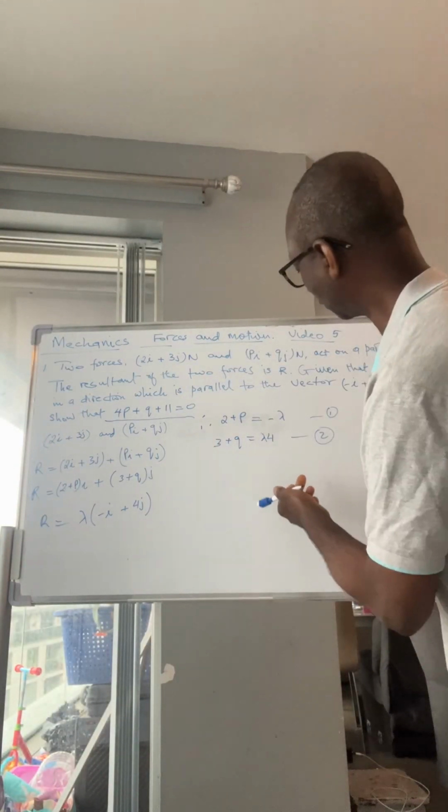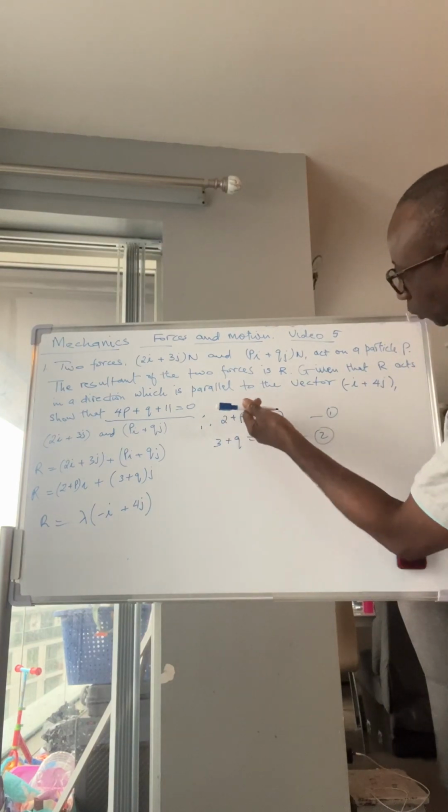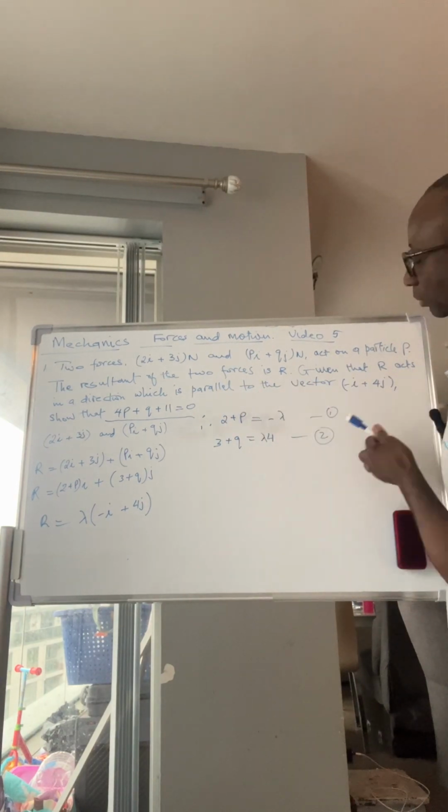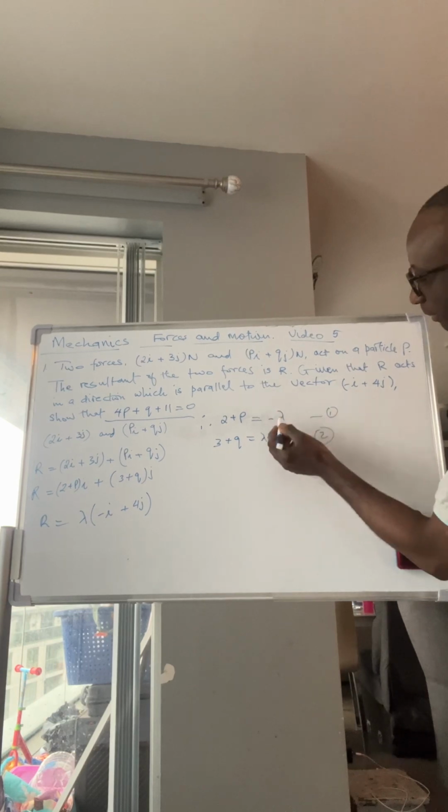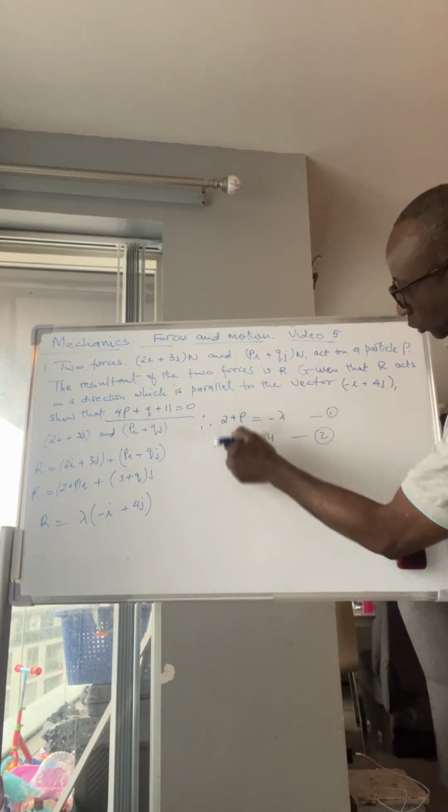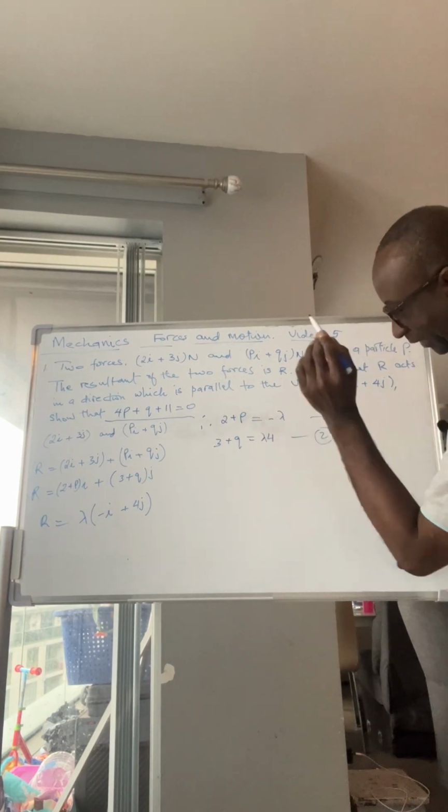A quick way to get rid of lambda is to multiply equation 1 by 4, because we have 4 here. If we multiply equation 1 by 4 and add the two equations, minus 4 lambda plus 4 lambda will cancel.